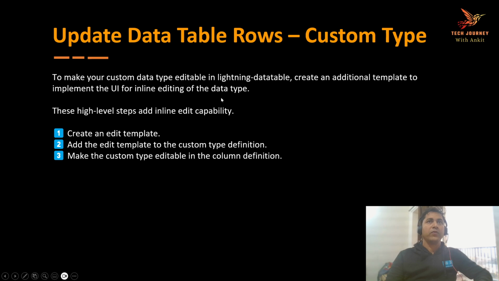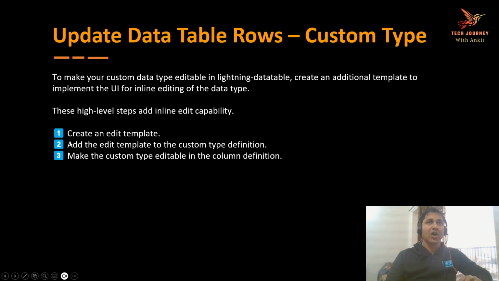Now, because in part 1 we created the static data table, we are taking one step forward and enabling the edit functionality for the custom type. If we have to implement the edit functionality for the custom type, it's a three-step process. First, on the custom type we have to create the edit template.